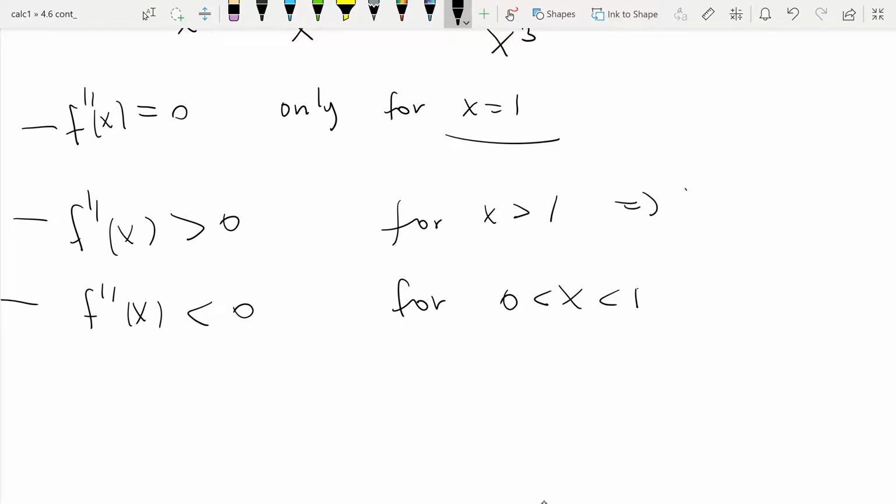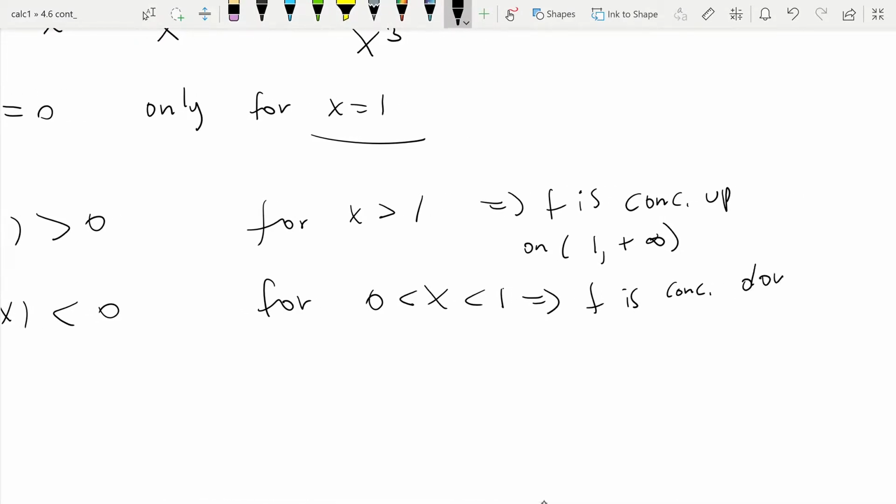So this implies f is concave up on 1 comma plus infinity, and the second statement here says that f is concave down on 0, 1.